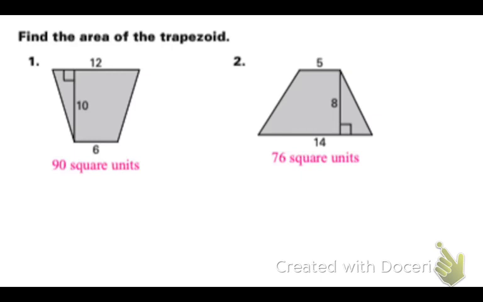Okay, areas of trapezoid. So we know area of trapezoid is equal to 1/2 the height times B1 plus B2. So let's look at number 1. I have area is equal to 1/2.